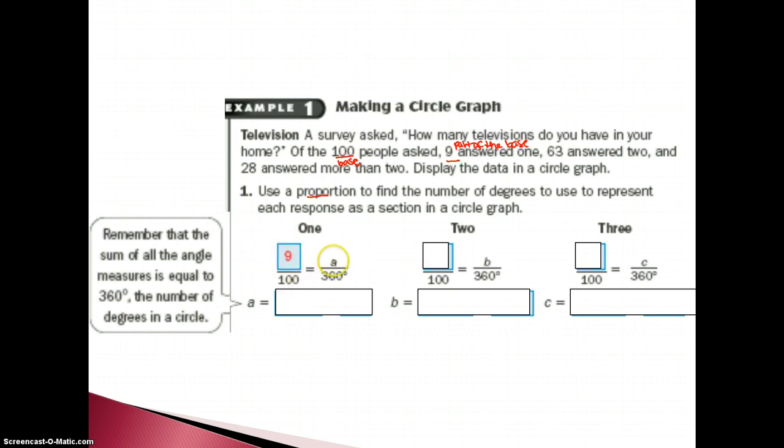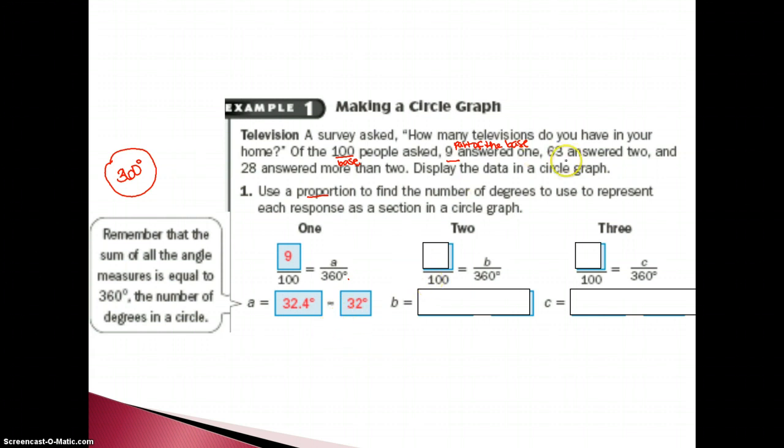You set it equal to A, which you don't know, the number of degrees, over 360. Remember that when you add up the degrees of a circle, it should equal 360 degrees. That's why we use 360. You can use cross products to solve this. You will get 32.4 degrees, which we can estimate to just 32.